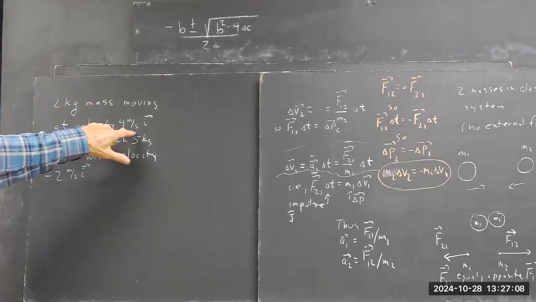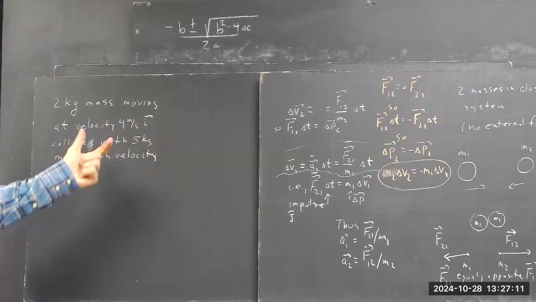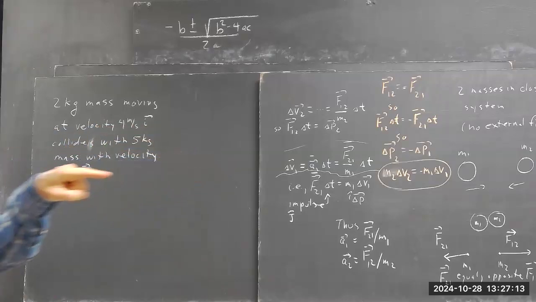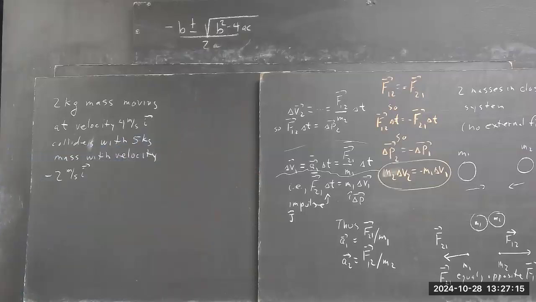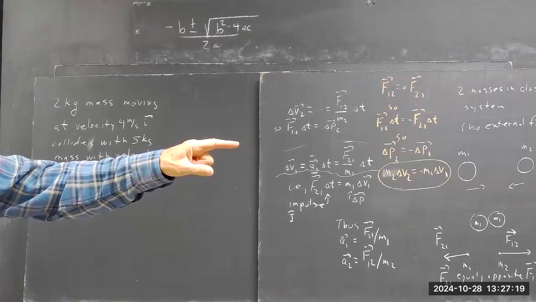A 2 kilogram mass moving at velocity 4 meters per second times the I vector, in other words, 4 meters per second in whatever direction we choose for X, which is the direction that thing's moving in, okay?